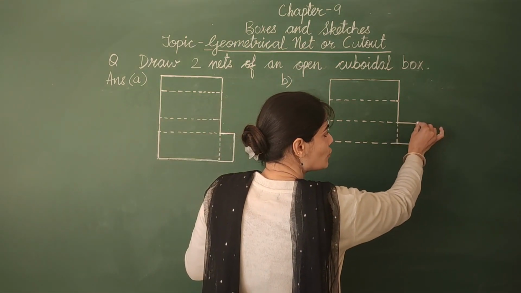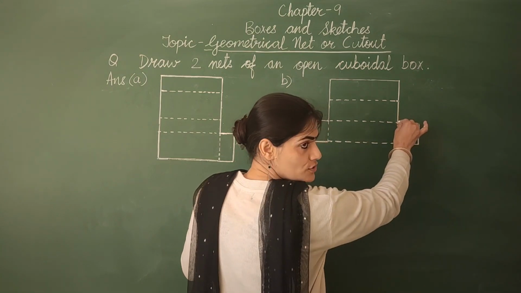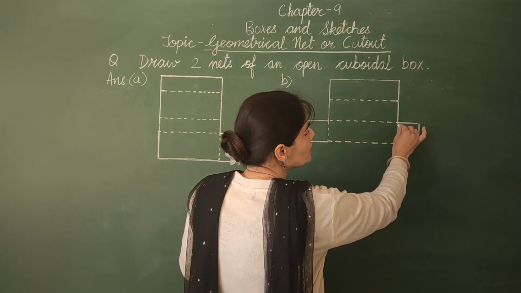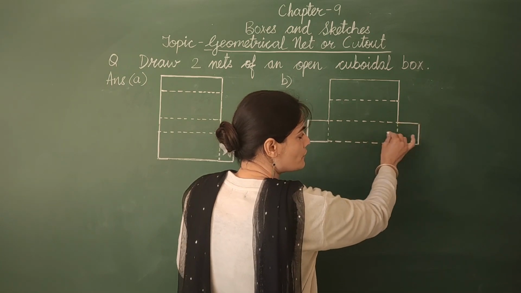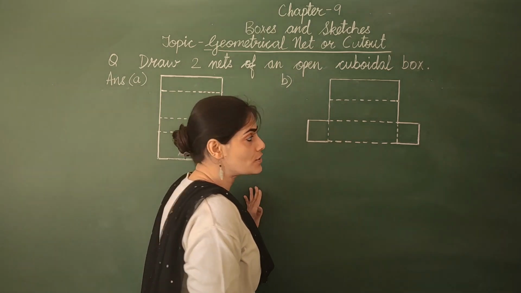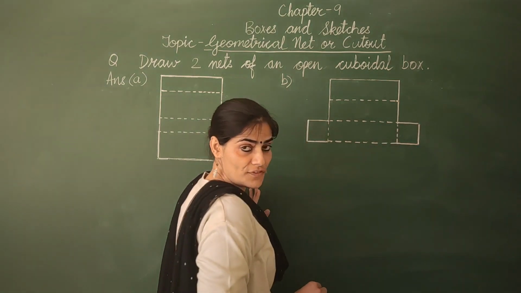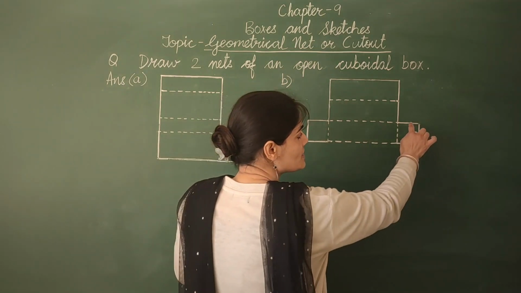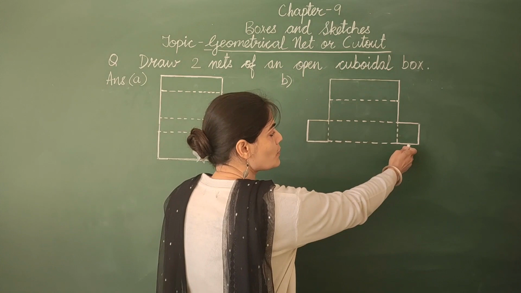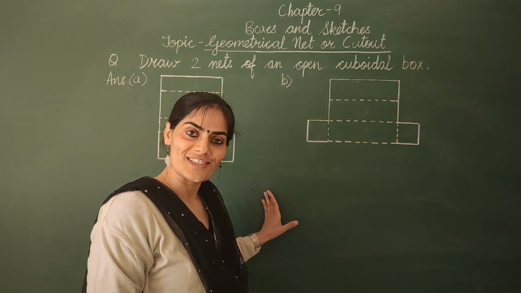Because the length of this face will be equal to the breadth of face 2, and the breadth of this side face will be equal to the breadth of face 3 or face 1. Have you all understood? And as the breadth of all these 3 faces is equal, that is why here also length is equal to breadth, and that is why we have squares as the side faces.